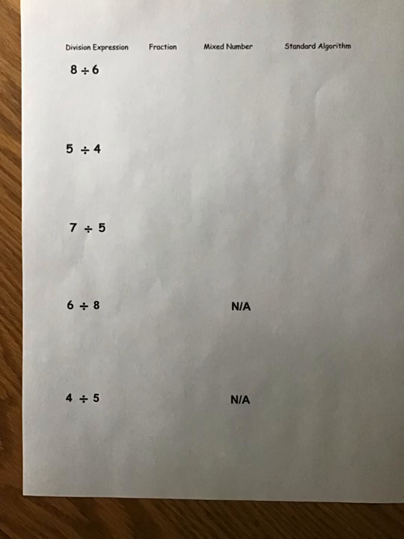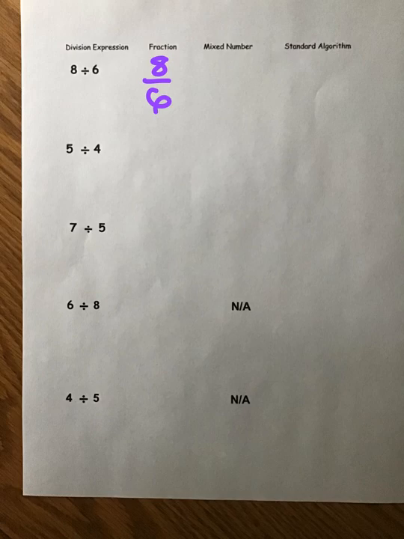So when we look at the first one and it says 8 divided by 6. Now as a fraction, that means the 8 would be the numerator and the fraction bar would be the division sign and the 6 would be our denominator. Now, can this become a mixed number? Of course. If your numerator is larger than your denominator, it can become a mixed number.